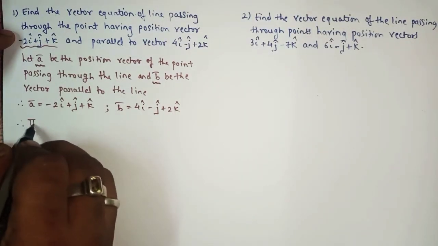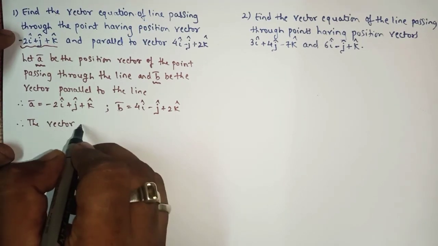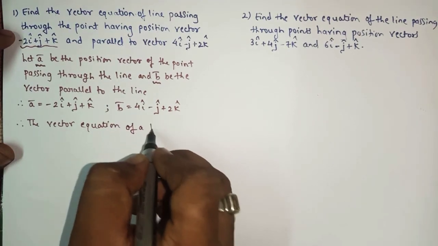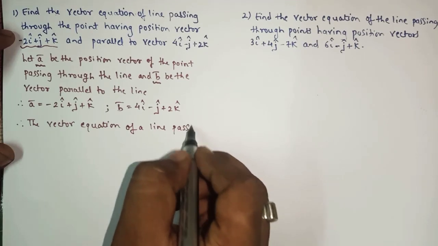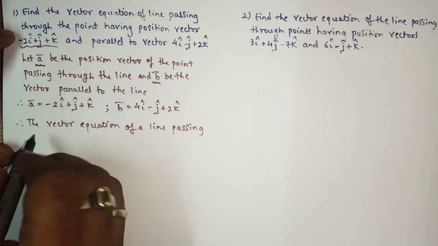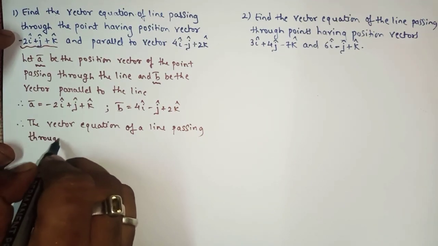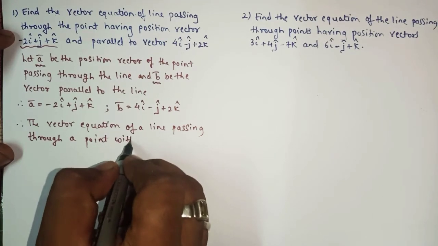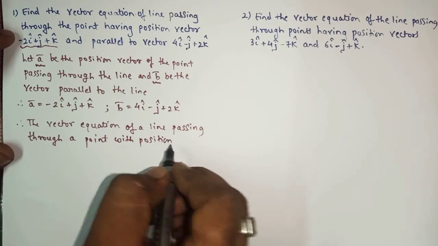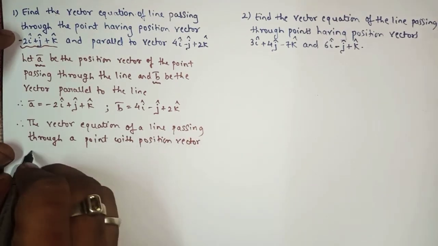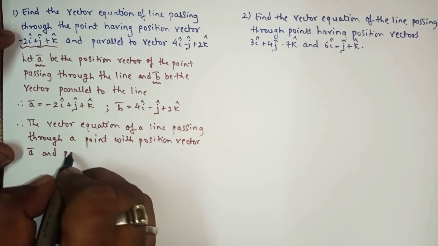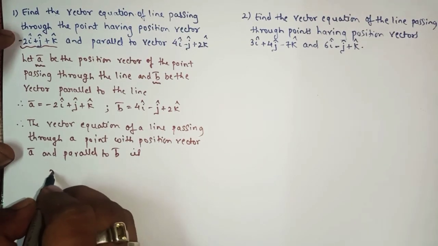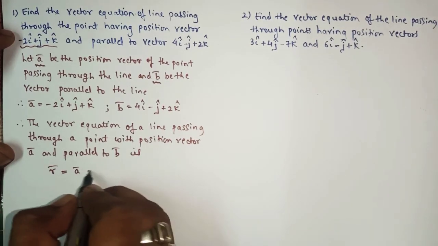So as we know that the vector equation of a line passing through a point with position vector a bar and parallel to b bar is r bar equals a bar plus lambda b bar.